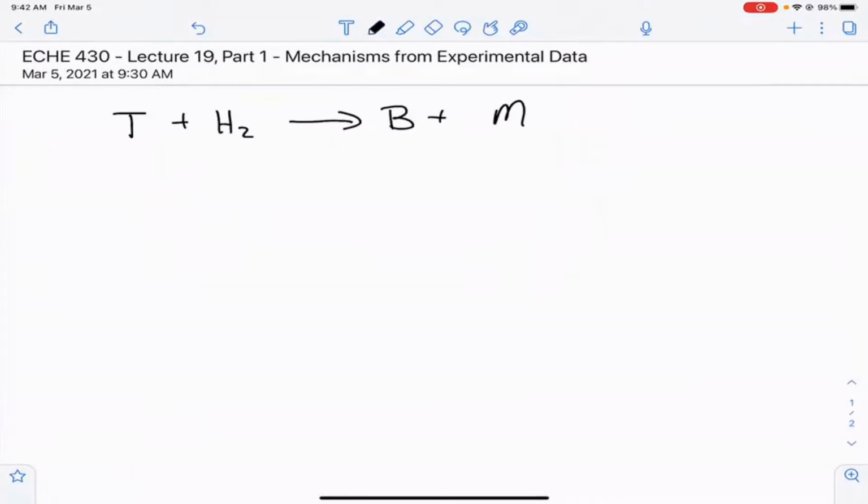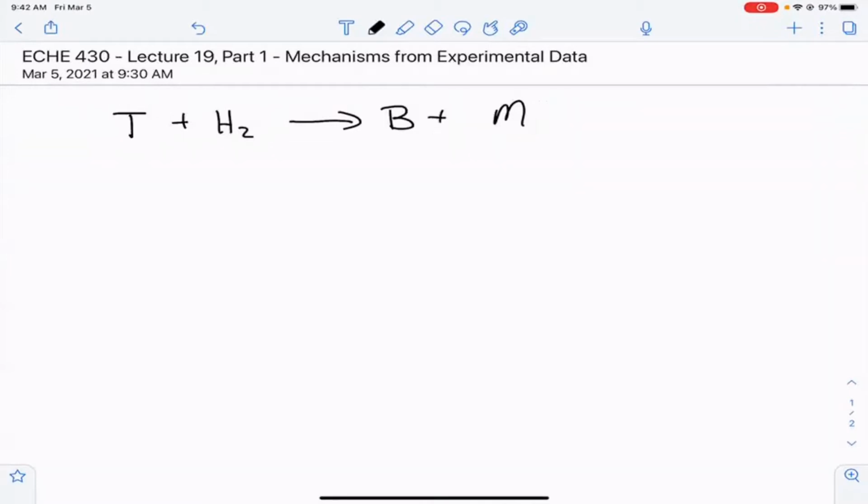And if we were to start to look at this in a very similar way to how we talked about these complex mechanisms, we need to start writing steps, right? Now we know that these two, right, are not on the surface, but we do know that benzene and toluene will be.